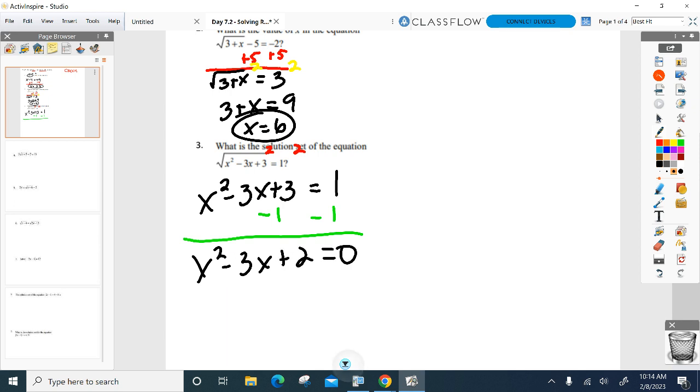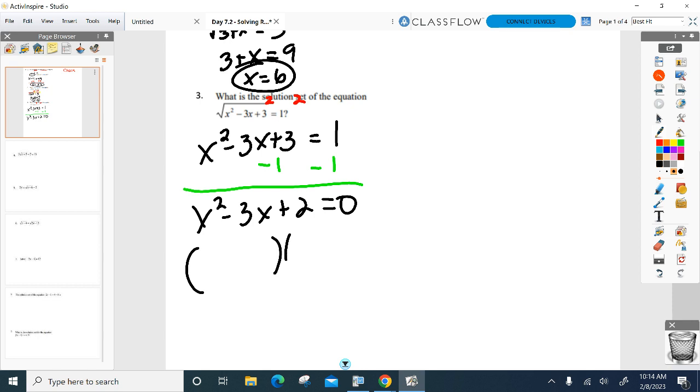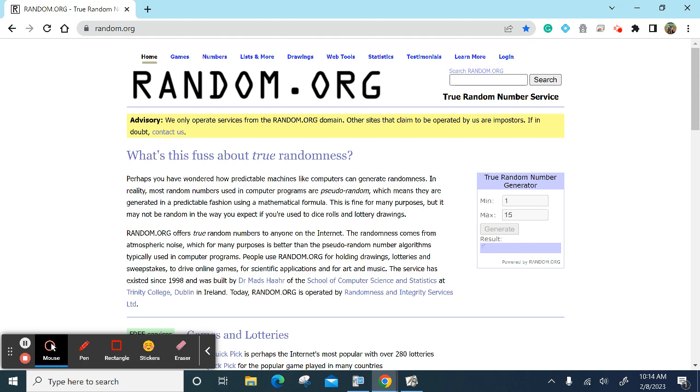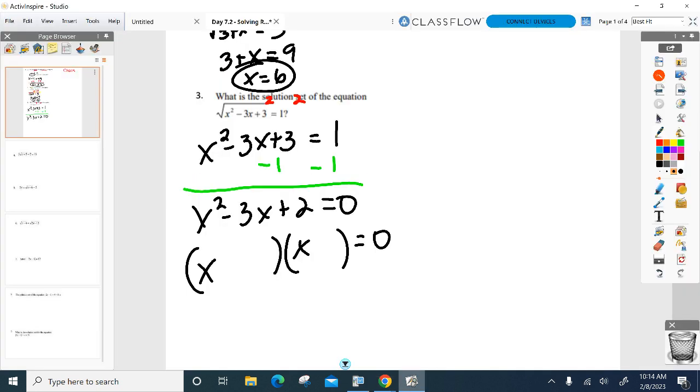Then we're going to factor. I need the special numbers that multiply to this and add to this, right? What numbers are you thinking about putting in the parentheses here? Negative 2 and negative 1. Good, Alex. It has to multiply to 2 and add to negative 3.